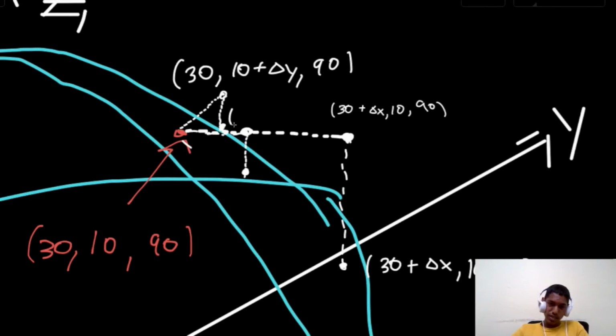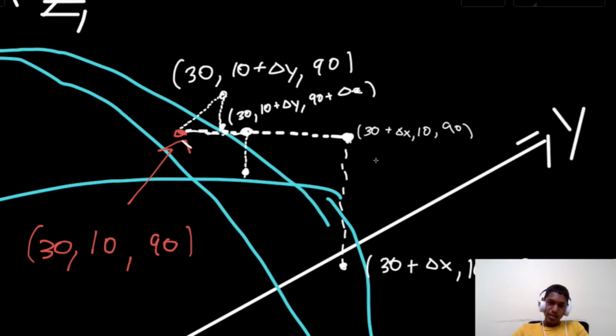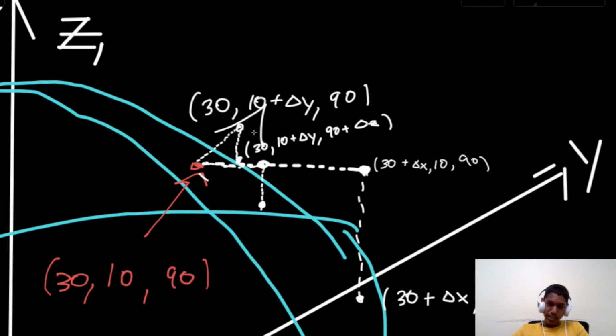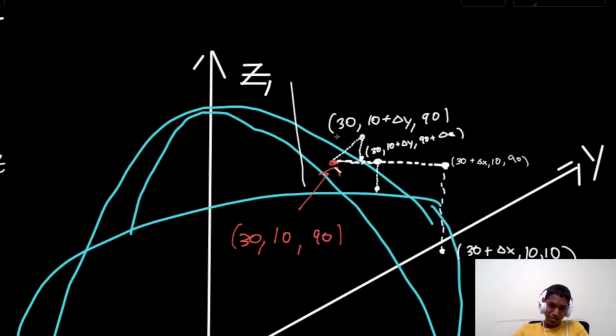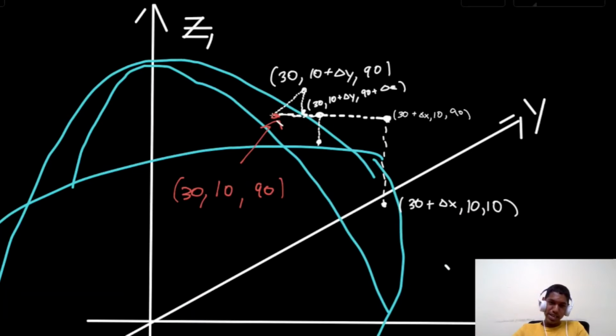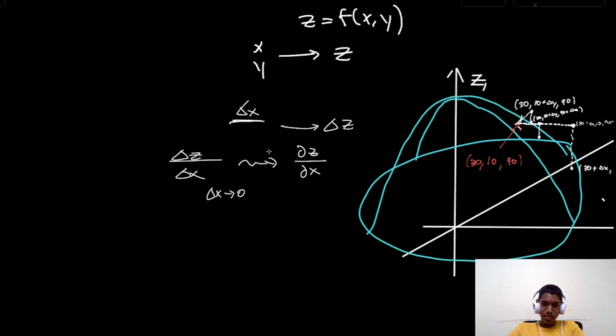So you get 30, 10 plus delta Y, and then 90 plus delta Z, right? And so we've changed Y, and then as a result, we change Z. But you can kind of imagine, if this is the hill that I've drawn, that it's not going to be as hard to walk this way in the Y direction as it is in the X direction. Because in the X direction, it's just steeper there. You're going to change more height in that step.